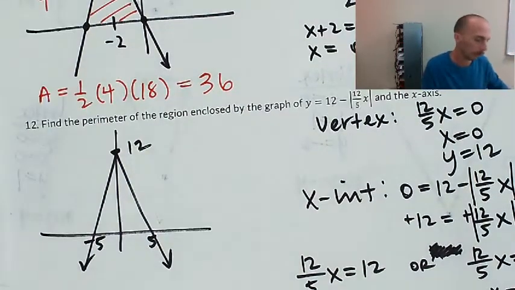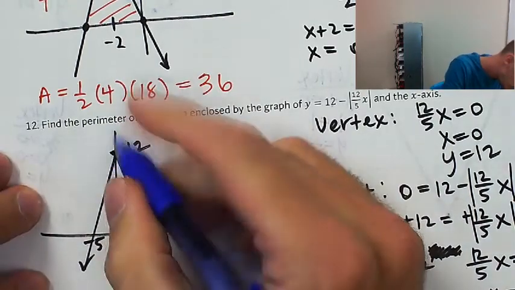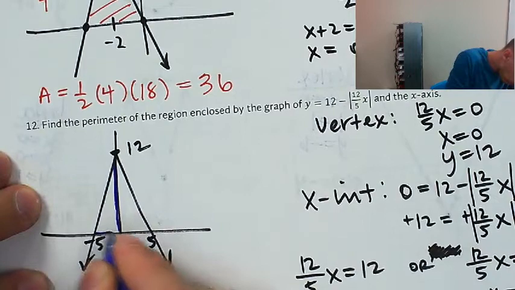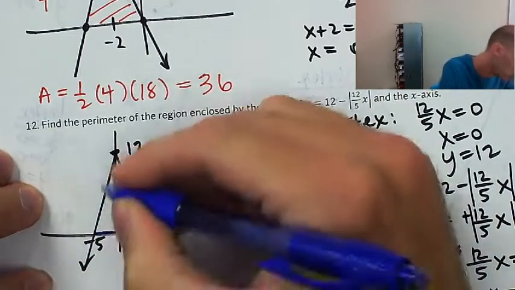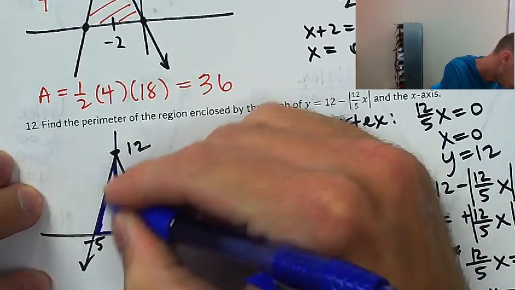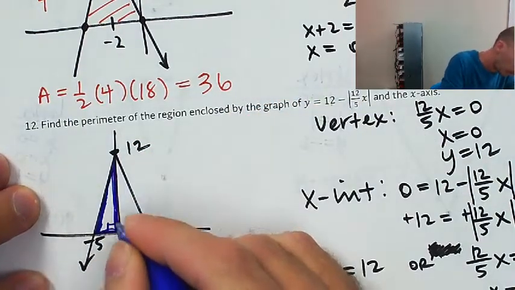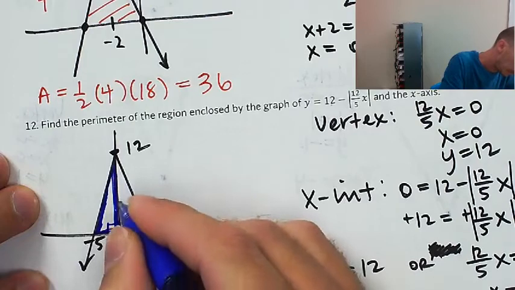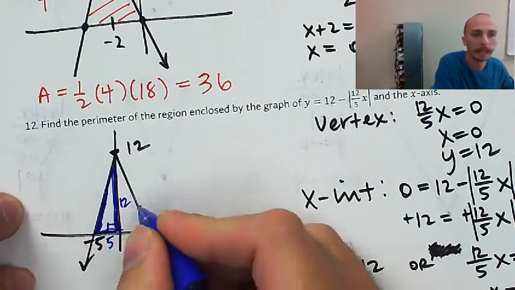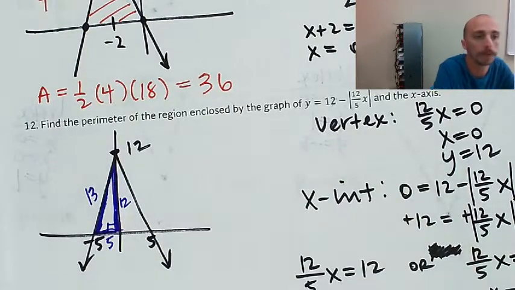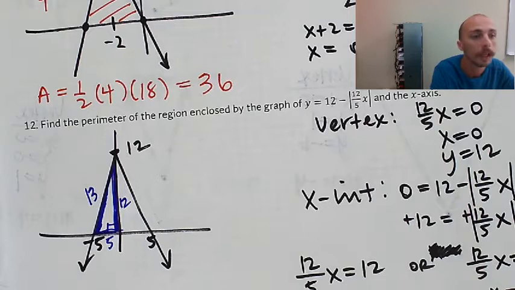And then what I'm going to point out to you is that this interior right triangle, which I'm showing in blue, you can barely even see that it's blue, has legs 5 and 12, which means that the hypotenuse is 13. That's a triple that you want to know, especially if you're the type of student that's about to take the PSAT and SAT and ACT. Those 5, 12, 13s, they come up all the time.